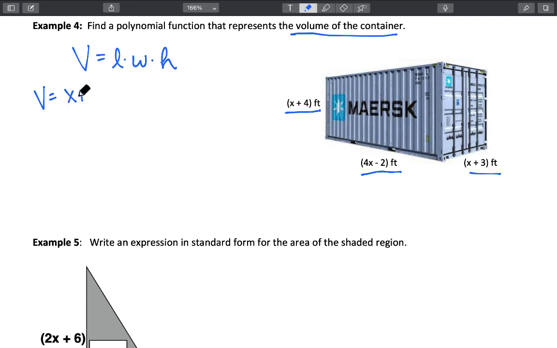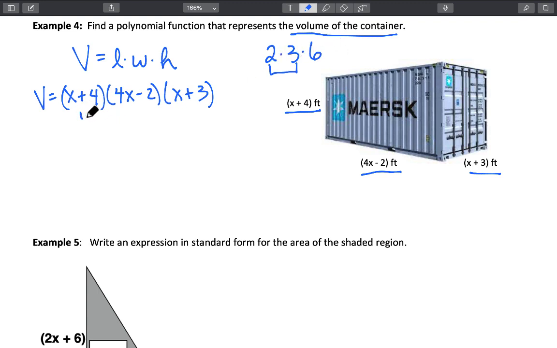So I'm going to take the expression x plus 4 and multiply it to the polynomial 4x minus 2, and then I'm going to multiply that by x plus 3. Now, when we multiply more than two polynomials together, we're just going to take two at a time. It's just like multiplying 2 times 3 times 6.